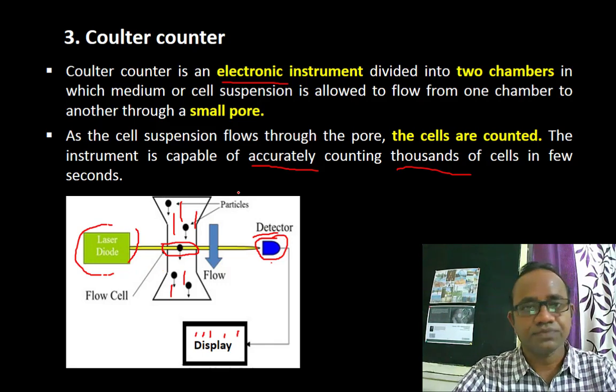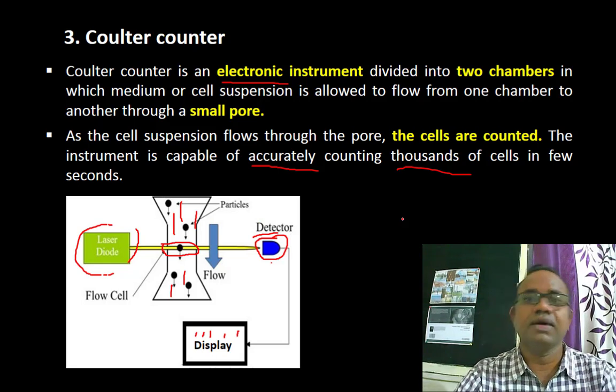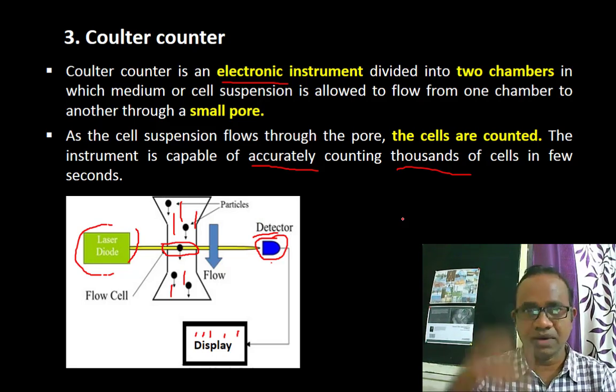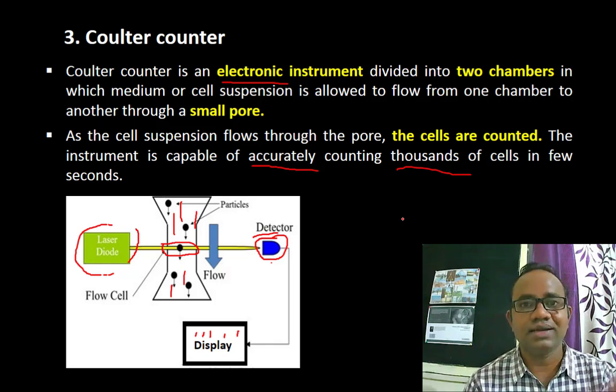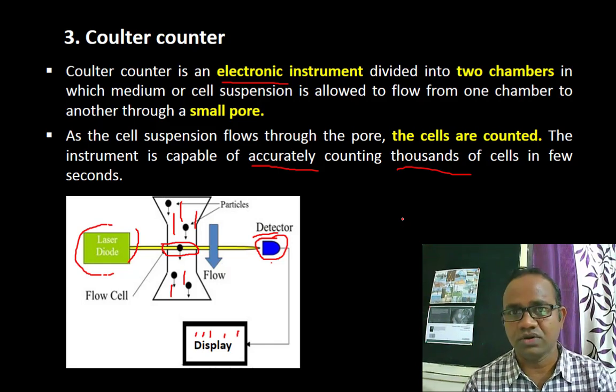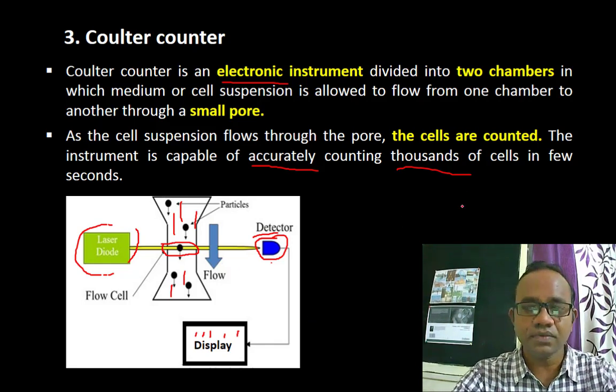So this is the Coulter counter instrument, where the bacterial cells, when they pass through the pores, strike the laser light. That laser light is detected by the detectors, and the number of cells is displayed on the screen. So this was the Coulter counter method.